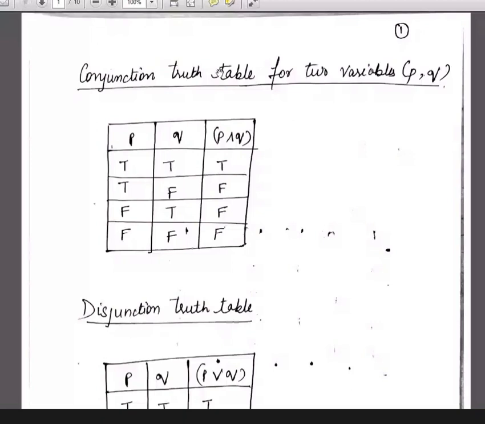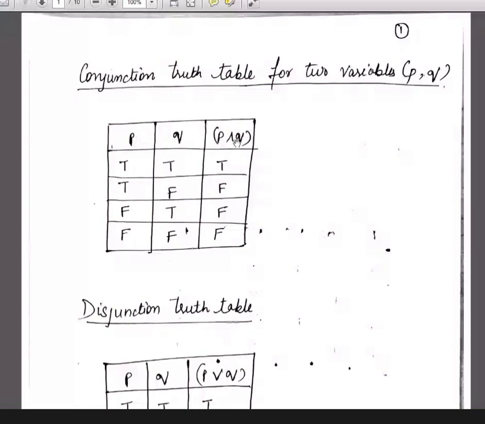Now you have to find the conjunction in the first table. Conjunction is a connective. Connective means it connects two or more propositions. So on the first table we need to find the conjunction for P and Q.